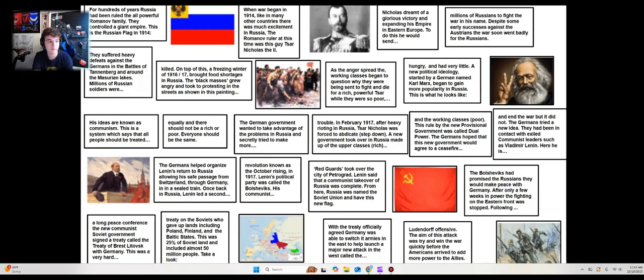By the time World War One came, Russia joined the Triple Entente alongside England, France, Serbia, and later Montenegro. They needed around ten days to mobilize their troops, and they declared war on Austria because Austria declared war on Serbia.